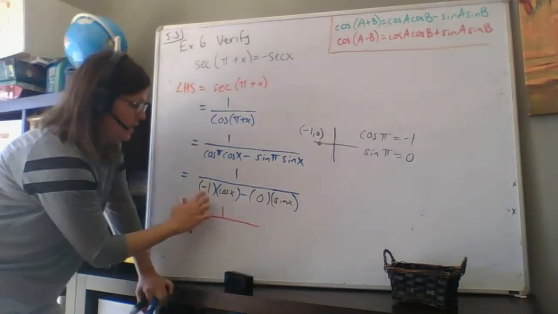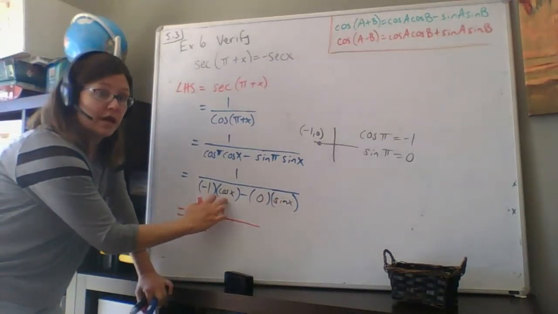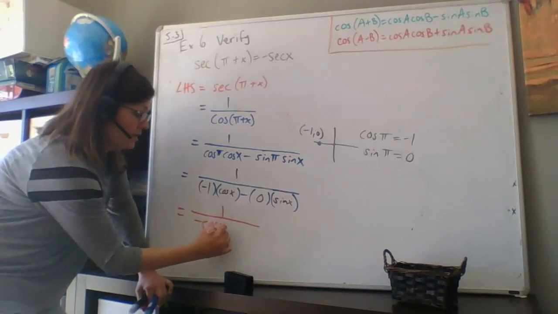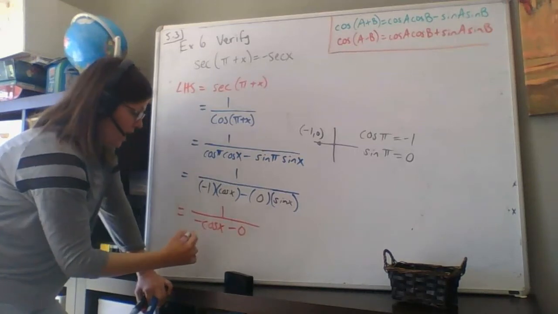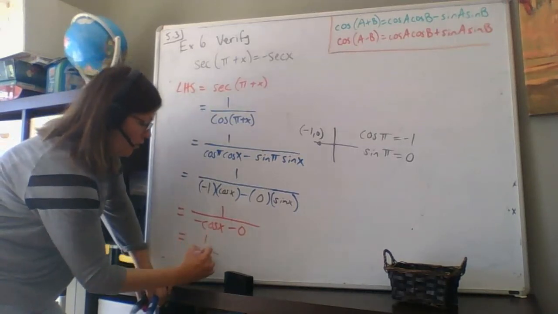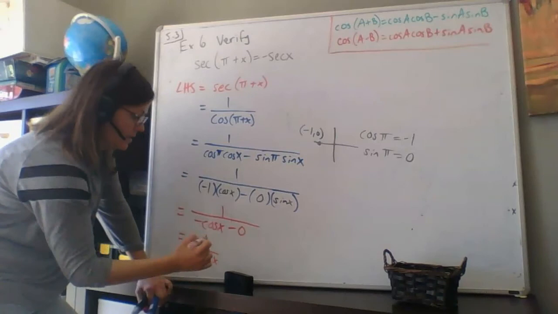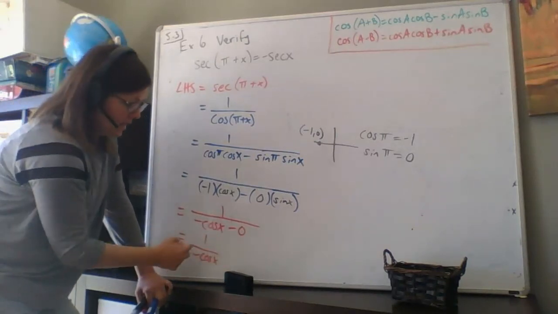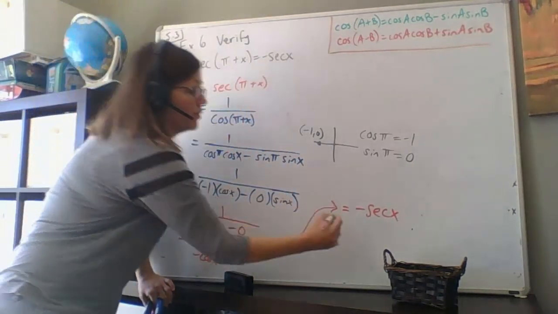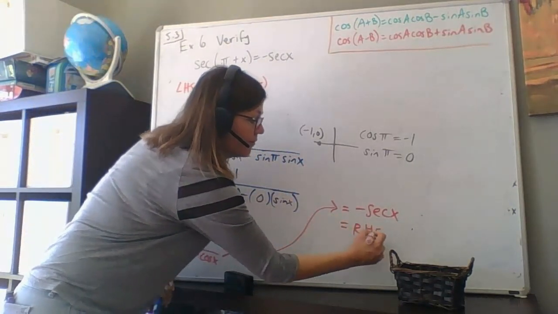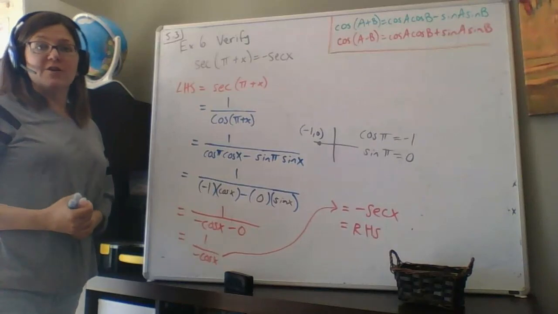Now we simplify. -1 times cosine x is negative cosine x. 0 times sine x is just 0. So we end up getting 1 over negative cosine x, and this is in fact negative secant x, which is our right-hand side. I hope you enjoyed the video. See you next time.